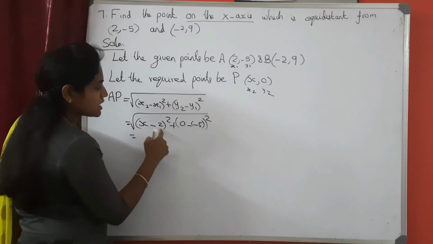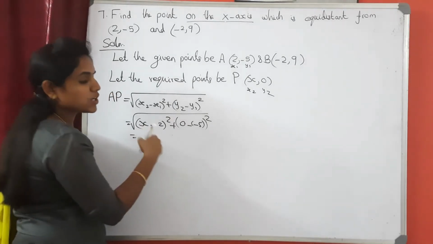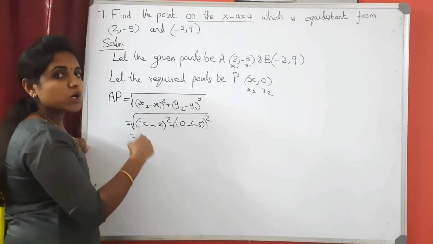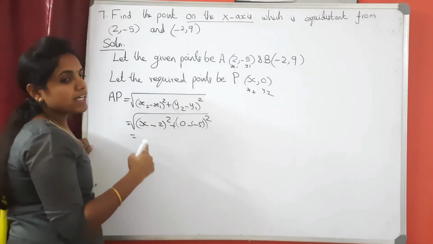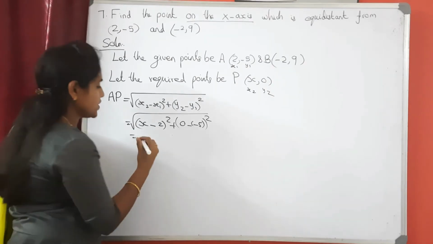So (x minus 2) the whole square is in the (a minus b) the whole square form. What is (a minus b) the whole square? a square plus b square minus 2ab.